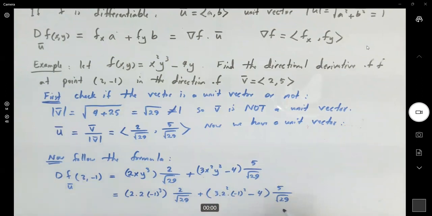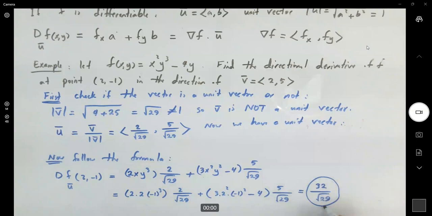After simplifying the whole thing, you have -4, and here you get 32 over square root of 29.